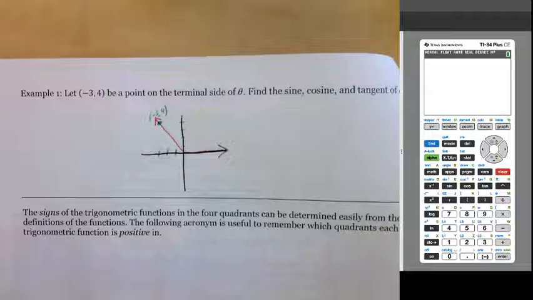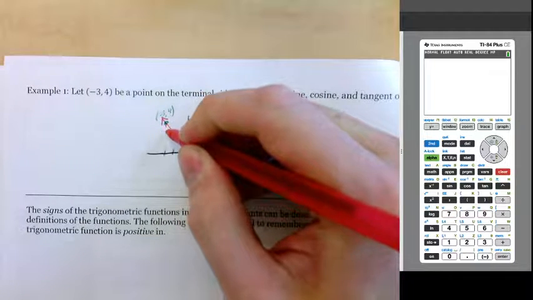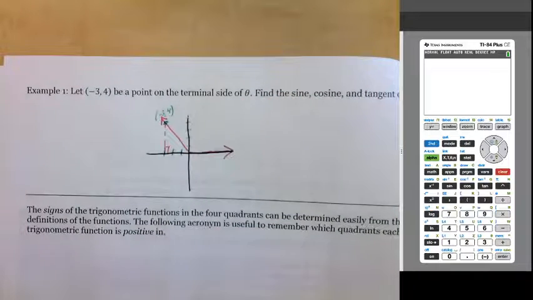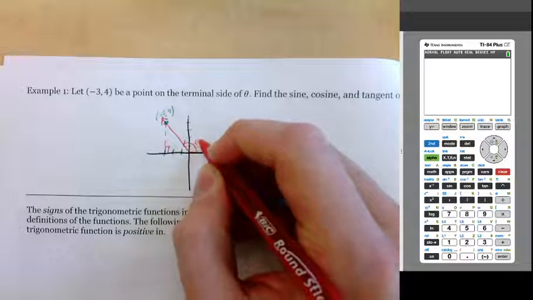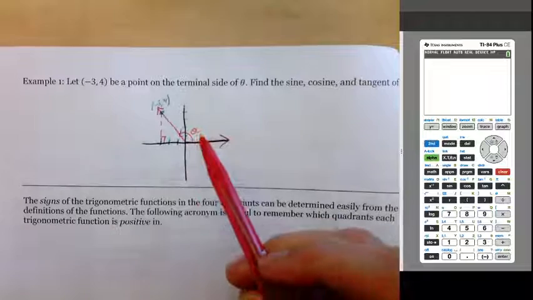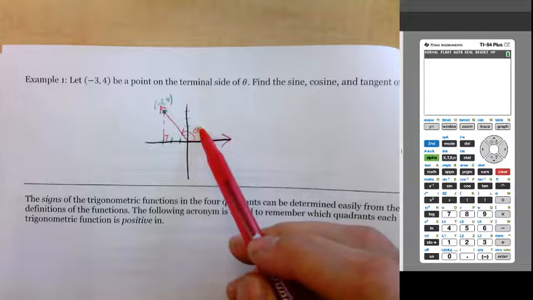So how do I find sine, cosine, and tangent of theta? We can drop down a vertical to the x-axis, and we create this right triangle. Theta is actually this angle here. But we don't really want to use theta, because in terms of sine, cosine, and tangent, we can't really think of a triangle.